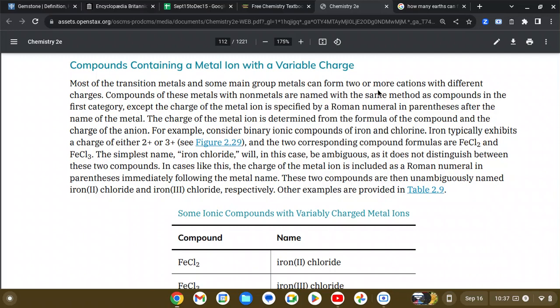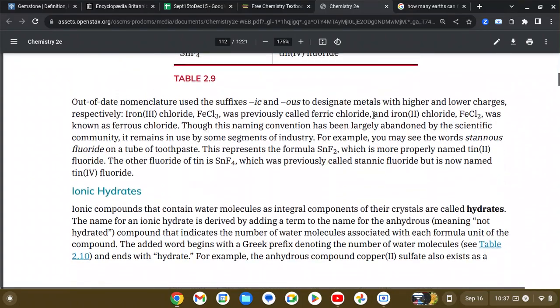In cases like this, the charge of the metal ion is included as a Roman numeral in parentheses immediately following the metal name. These two compounds are then unambiguously named iron(II) chloride and iron(III) chloride, respectively. Other examples are provided in Table 2.9.